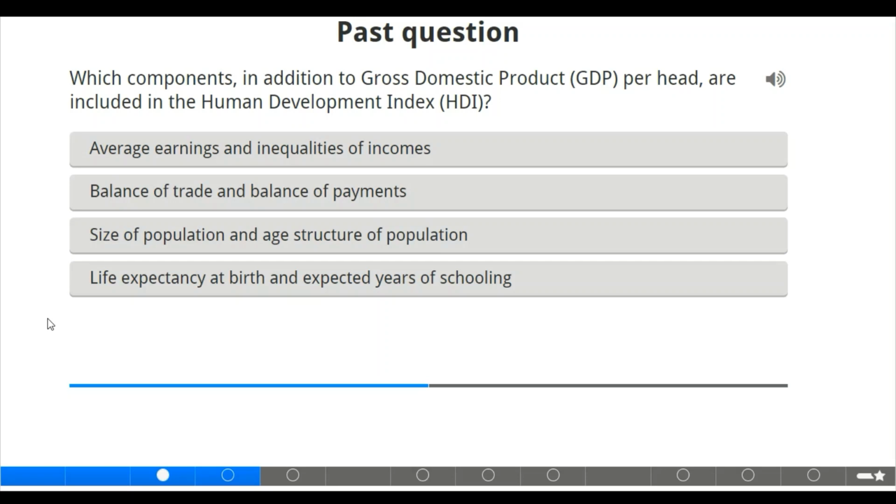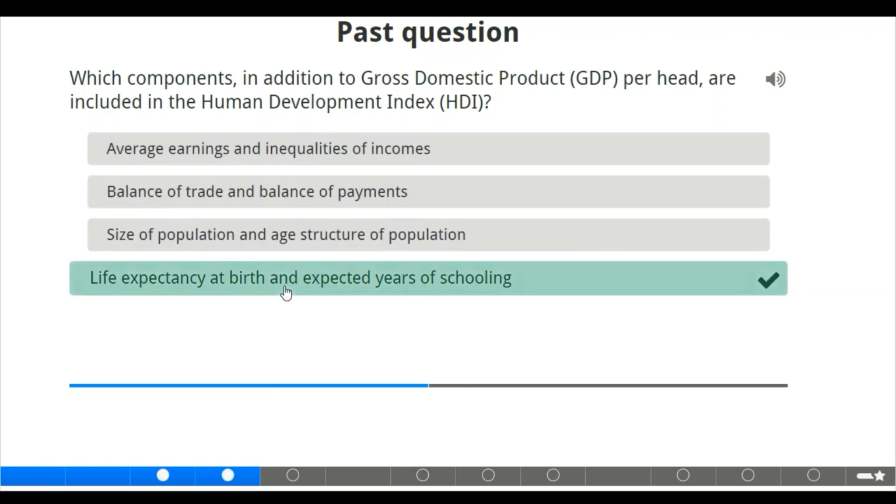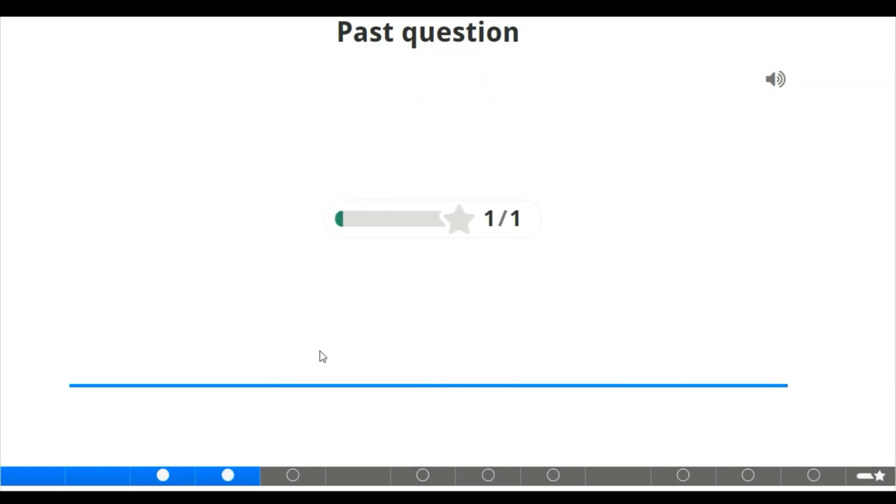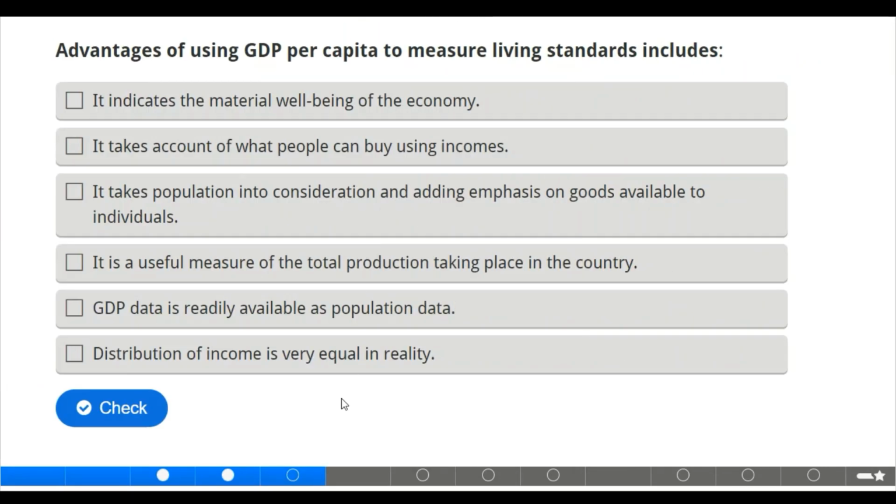We have average earnings and inequality of income. Is that so? Balance of trade and balance of payments, size of population and age structure of population, life expectancy at birth and expected years of schooling. Of course, HDI deals with life expectancy and expected years of schooling. Now we move to the next slide.